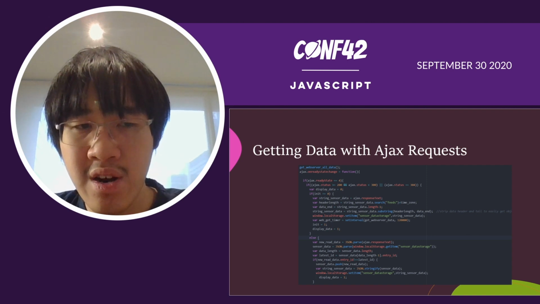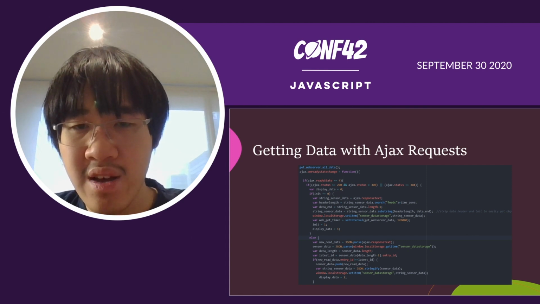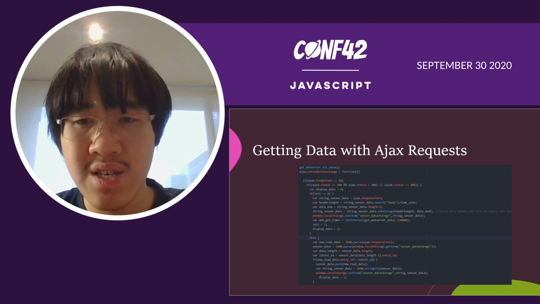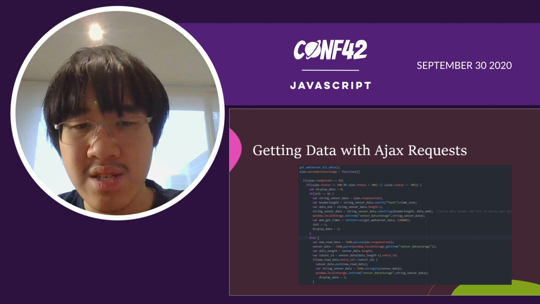As you can see over there, we start getting the web server data. With this, we're putting 120,000 milliseconds, which is a 2-minute interval. So we're waiting for 120,000 milliseconds before we actually get the data that is retrieved.